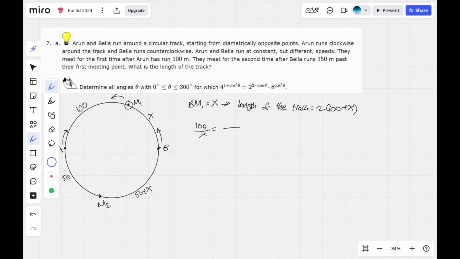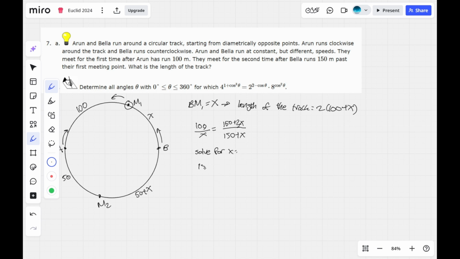After they meet for the second time, Arun runs 100 plus x plus 50 plus x, which is 150 plus 2x, and Bella runs x plus 100 plus 50, which is 150 plus x. So this is a second ratio for their speeds. Now we can cross multiply to solve for x.